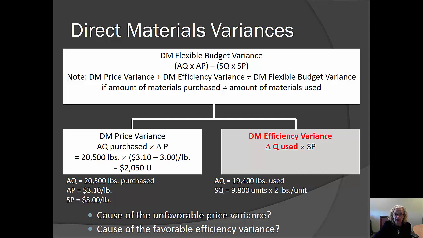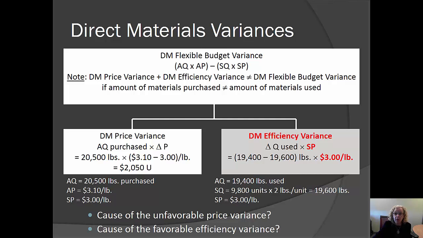That would be 9,800 units times $2 per pound. We can now compare the actual quantity to the standard quantity and then multiply it times the $3 per pound standard price.